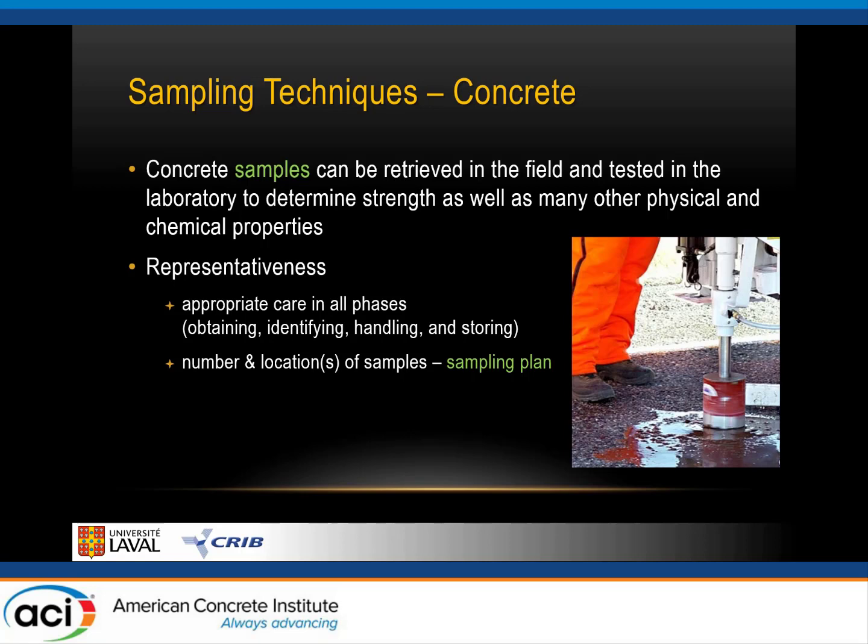So, just because I think time is flying, the important thing about sampling is that it's got to be representative, and in order to do so, appropriate care must be taken in all phases, from obtaining to storing, and in the meantime identifying and handling properly whatever samples have been taken out and taken to the lab.